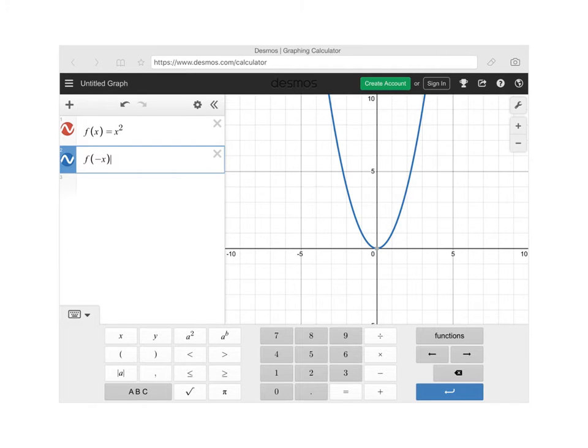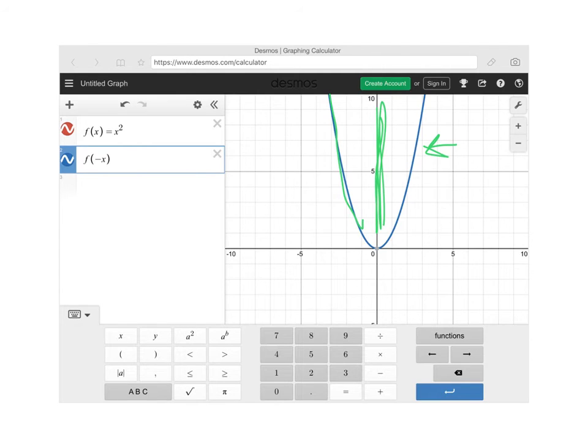Now all the x's went to their opposites, but because this is a parabola with this nice little line of symmetry, it's just going to flip over the y-axis, so it ends up being the same. This part of the blue line is really this part of the red line, if you know what I mean. So it doesn't look like anything happened, because you multiplied the input by -1, it's reflecting over the y-axis.